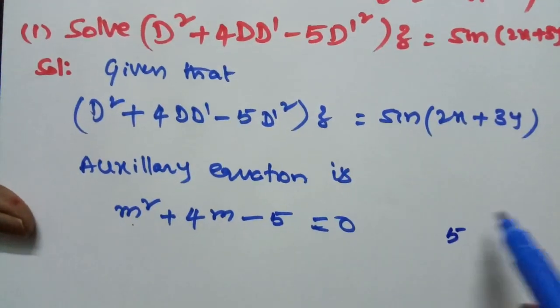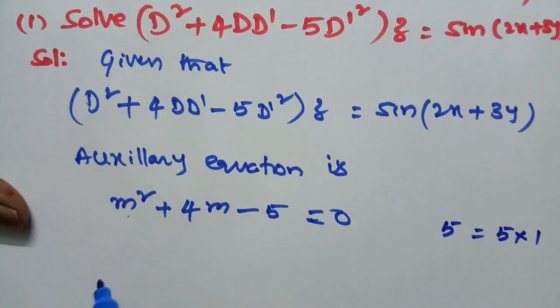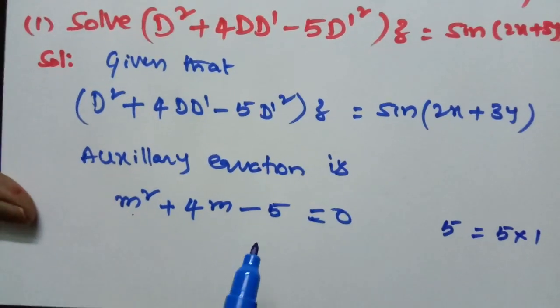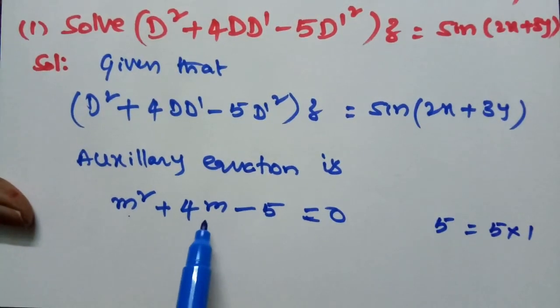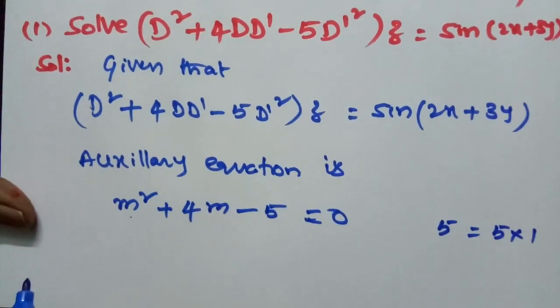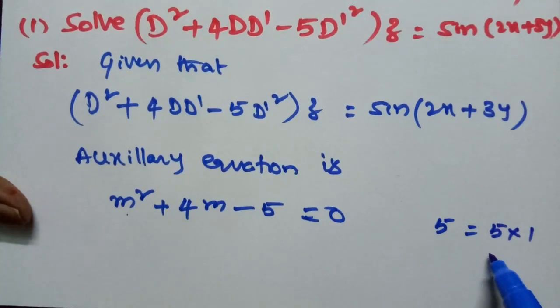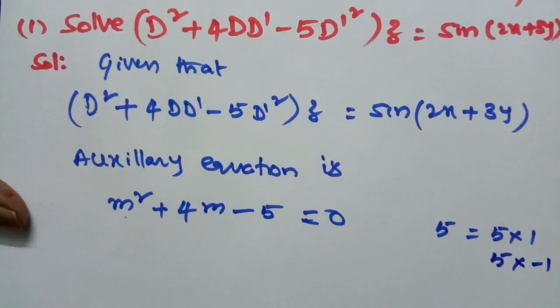Factors for 5 are 5 into 1. But multiplication should give minus 5 and the addition or subtraction must give plus 4. Therefore, we can take plus 5 into minus 1.